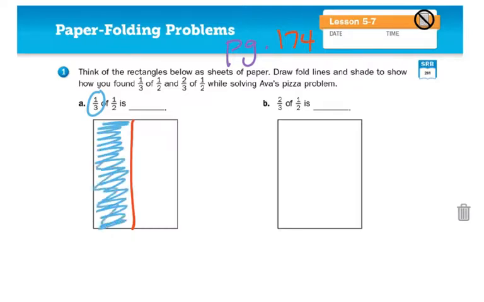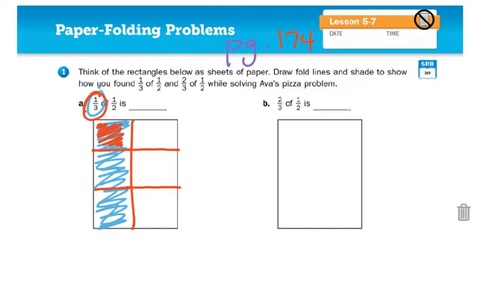Now we need to find 1/3 of that half. So now I'm going to divide it into 3 equal sections. 1, 2, and 3. But remember, I cannot have unequal portions. So I'm going to make that go all the way across. And that is 1/3 of that. So I'll shade that in.